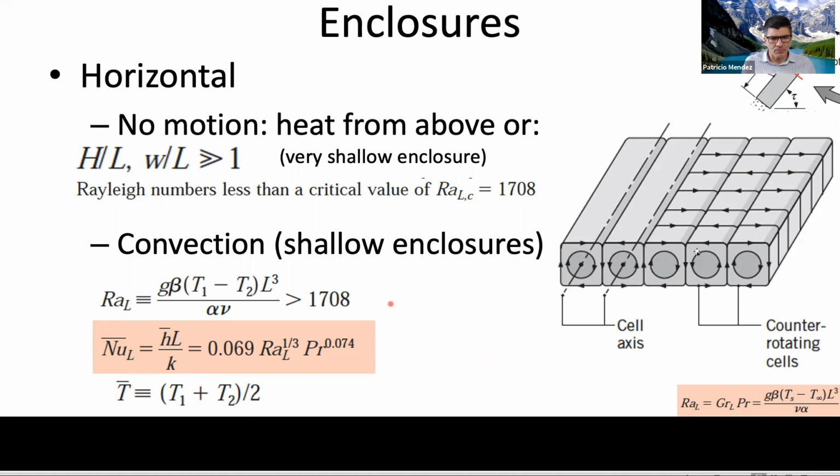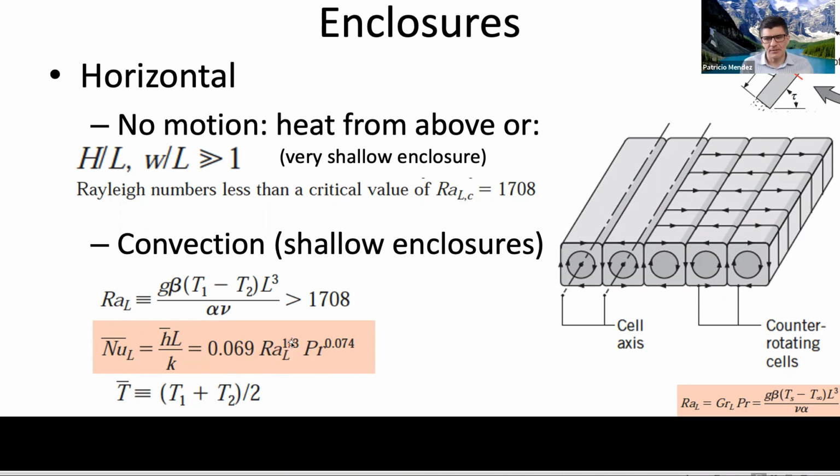So in the case of a shallow enclosure, the Nusselt number is given now by this expression of Rayleigh and Prandtl. Look at the small exponent of Prandtl. It doesn't really vary very much, but here we have Rayleigh to the 1/3, as we're familiar with. It's a factor times Rayleigh to an exponent.